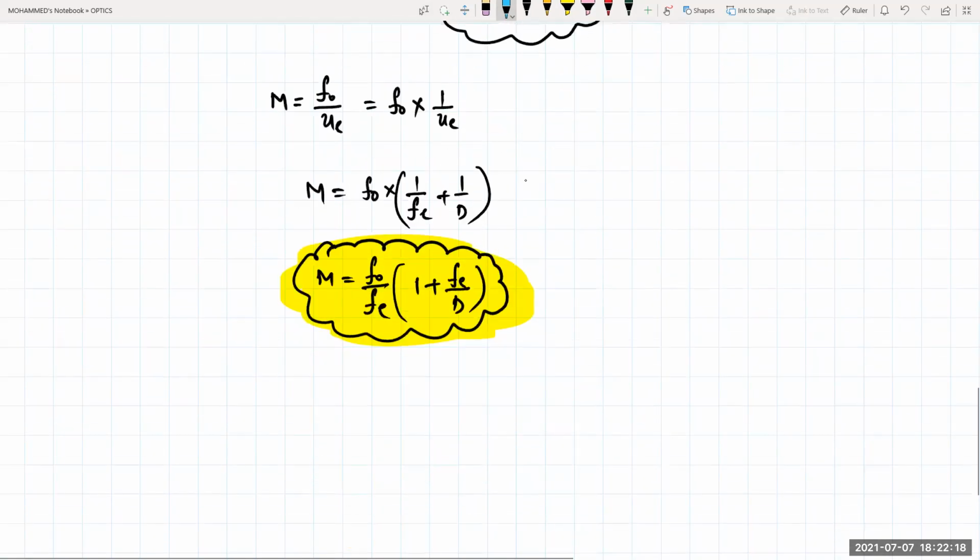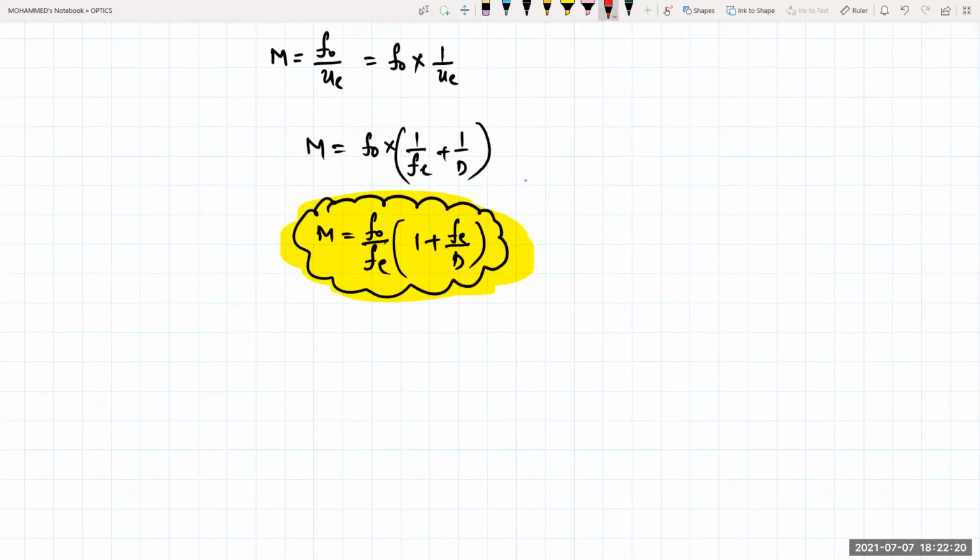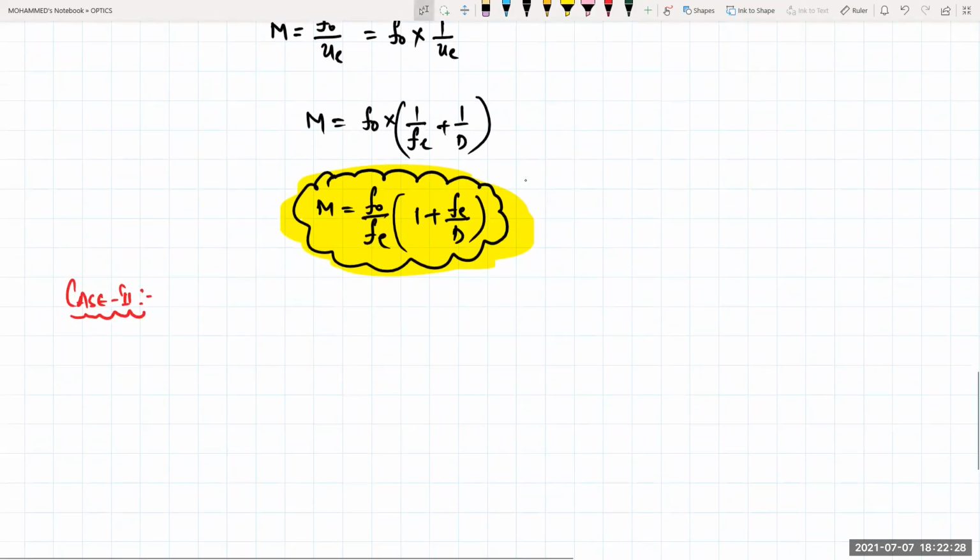Okay, case number 2. What is case number 2? It's the far point. So this is your far point, minimum magnification.